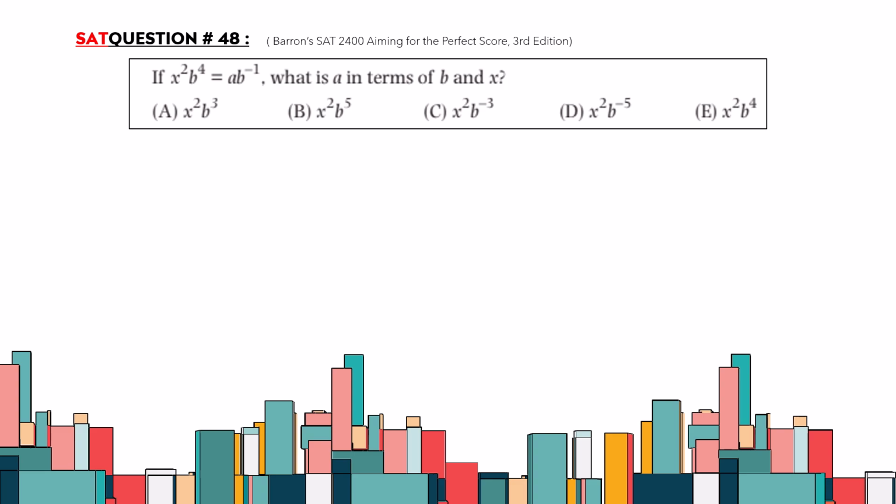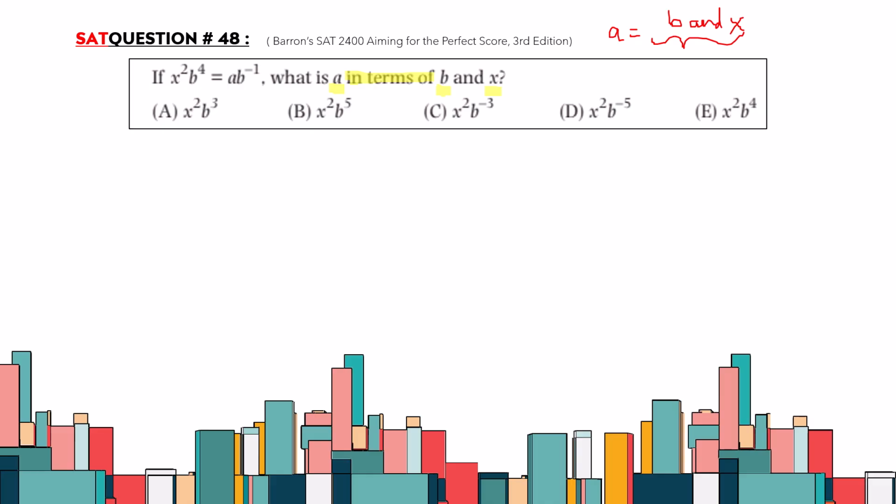So we have a keyword, "in terms of." That means you will have to find a equal to something, with x and b on this side.